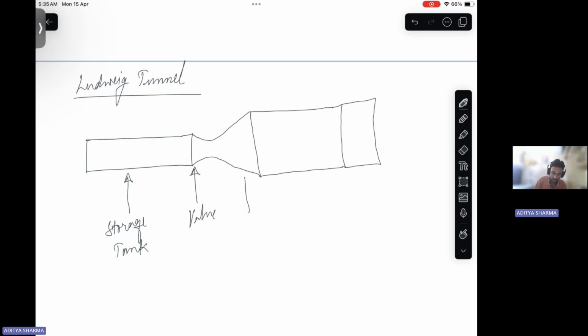Then this is a nozzle, and this is a test section. After that, we have a dump tank.